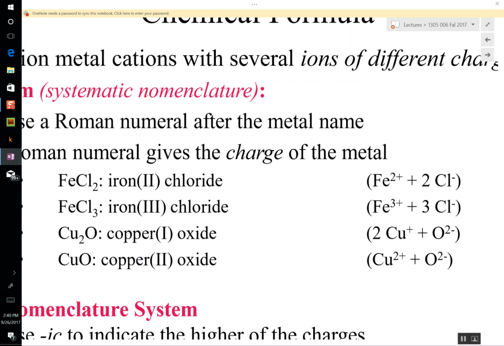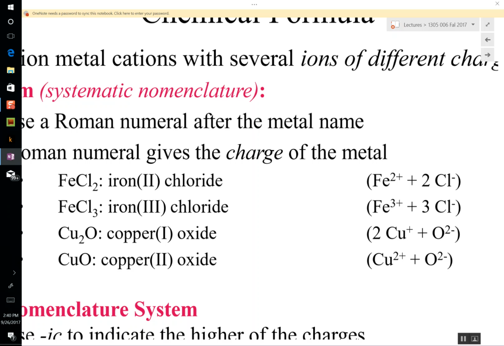If I say, what's the formula for magnesium chloride? Magnesium chloride, we write that because this is always +2. But if I say iron chloride, if you say that to a chemist, the chemist will say, which iron chloride are you talking about?